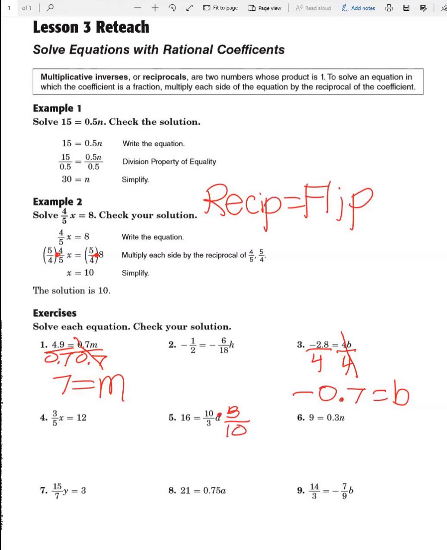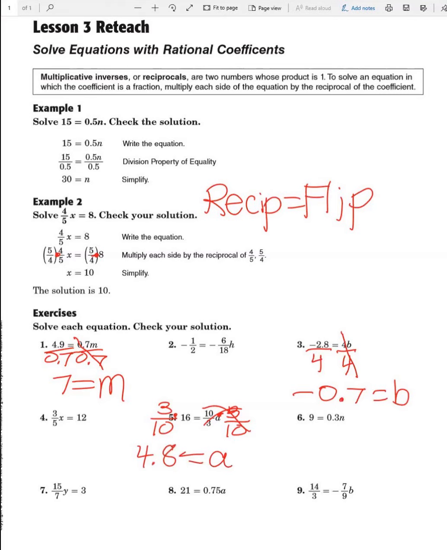We're going to multiply 3/10 on both sides. The fractions on this side will cross out, and then we will multiply 3/10 times 16 in order to get 4.8. Bring down your variable. There's your answer. 4.8 equals a.